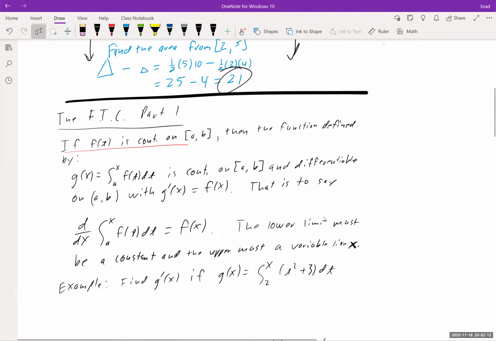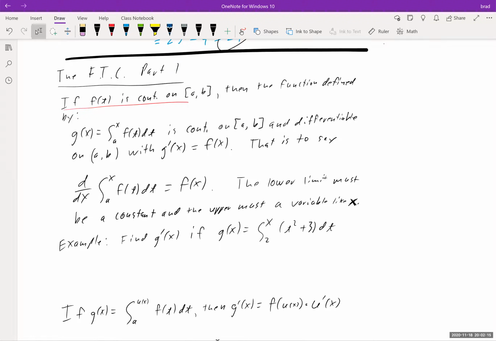Now, the fundamental theorem of calculus comes in 2 parts. Part 1 is basically, how can I say this? Not to overgeneralize it, but it's basically trying to show you that the antiderivative and the derivative are in fact inverses of each other. And it's kind of giving you permission to treat them that way. Just like, if you have a square, you can square root it. If you have addition, you can subtract. If you have multiplication, you can divide.